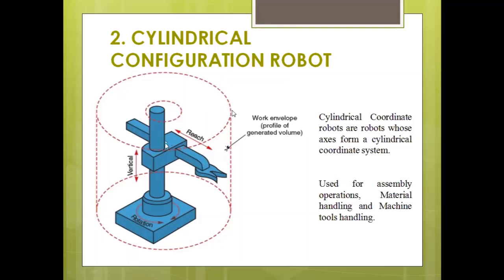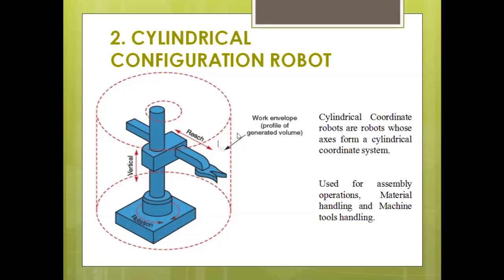You just observe here, this red dotted line represents the cylindrical envelope. How did you get this cylindrical shape? By the movement of the robot arms. One is inward and outward, up and down, two sliding motions, that is linear motion. Sliding joints provide the linear motions, inward and outward, up and down, and one rotary motion with respect to the vertical spindle.